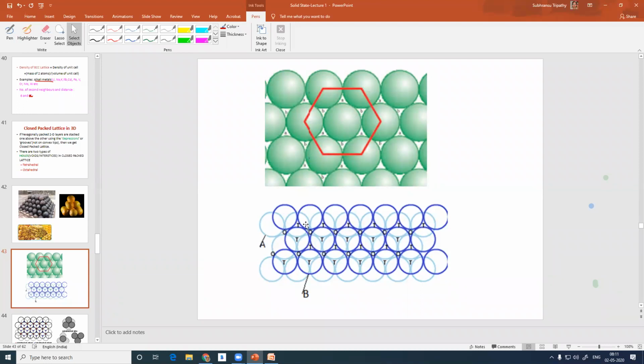If you keep the third layer over this exclusive hole where you can view, supposing the dark blue is the bottom layer and the paint blue is the top layer, so this is the tetrahedral hole. This hole is the exclusive hole of, I'm sorry, supposing this you are keeping here in the second layer.